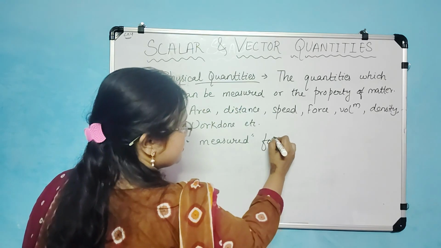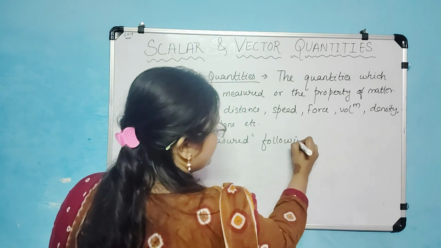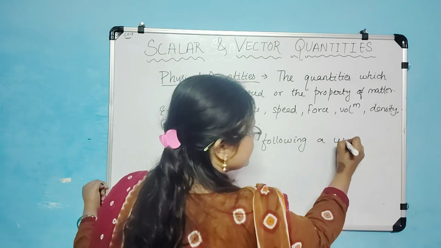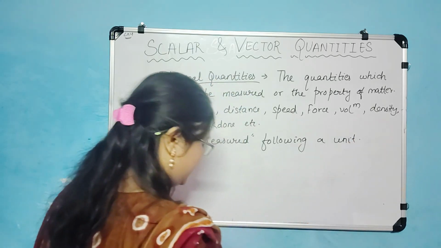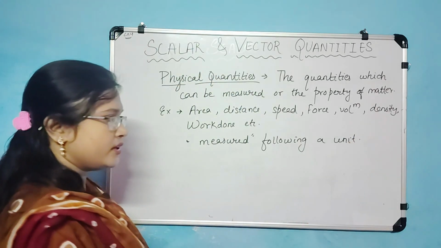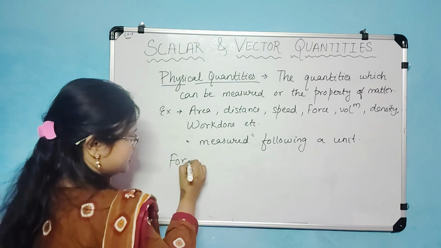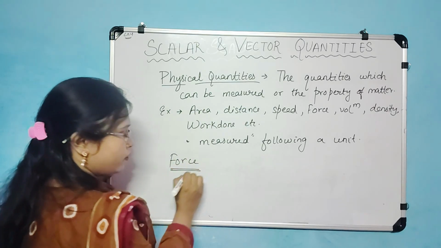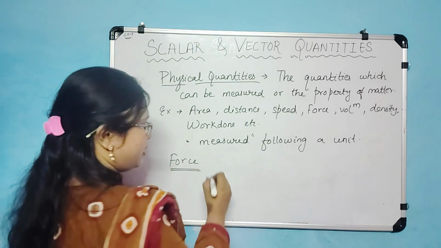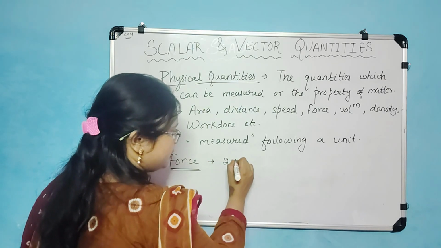Following a unit. Unit is very important. For example, if we are saying that we have to apply a force, here the physical quantity is force, on an object about 20 Newton.